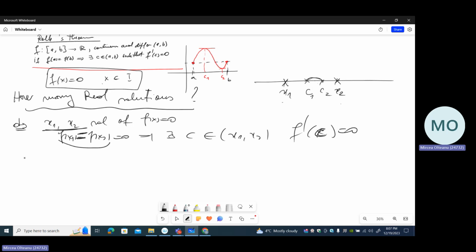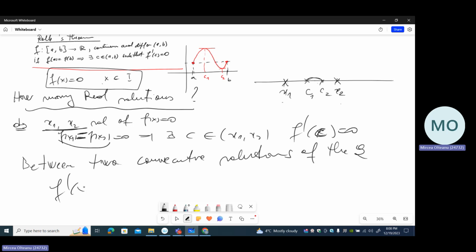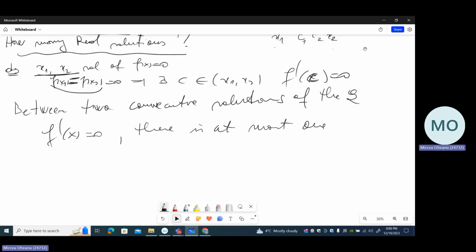So between two consecutive solutions of the equation f prime of x equals 0, there is at most one solution of the equation f of x equals 0.